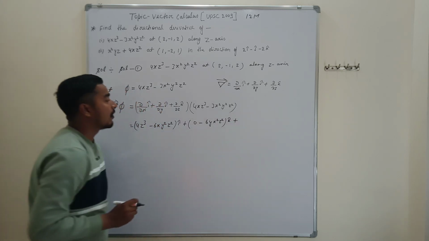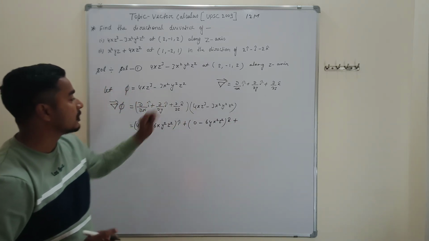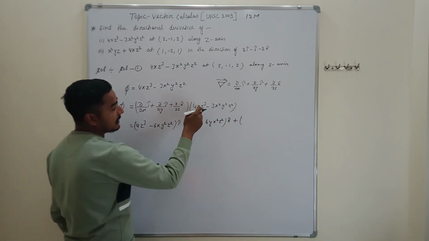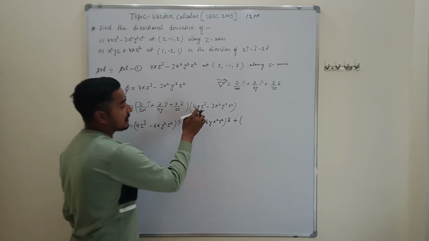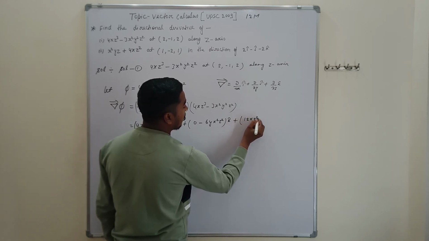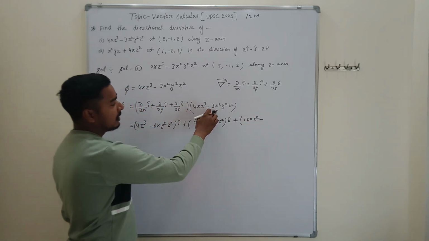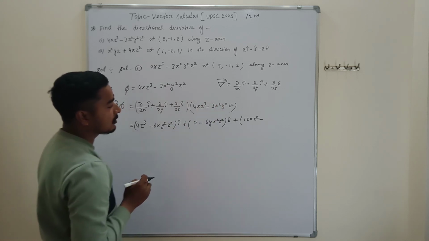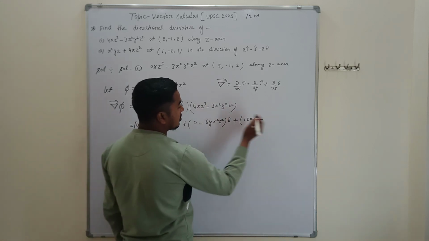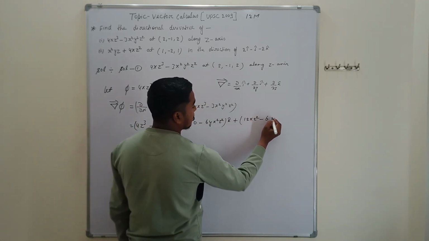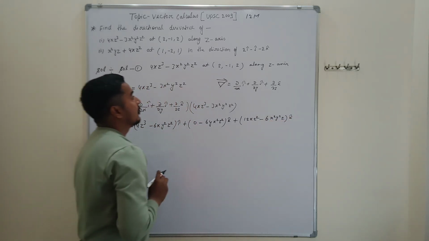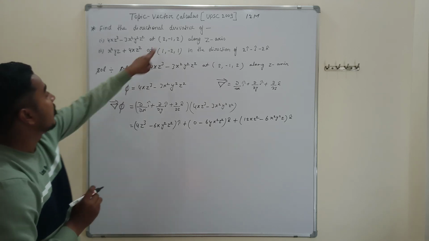And plus, along k cap, differentiating the given function with respect to z. 4x is constant and z³ differentiates to 3z², and 3 into 4 is 12xz², minus 3x²y² constant and z² differentiates to 2z, which is 6x²y²z. This is for k cap.